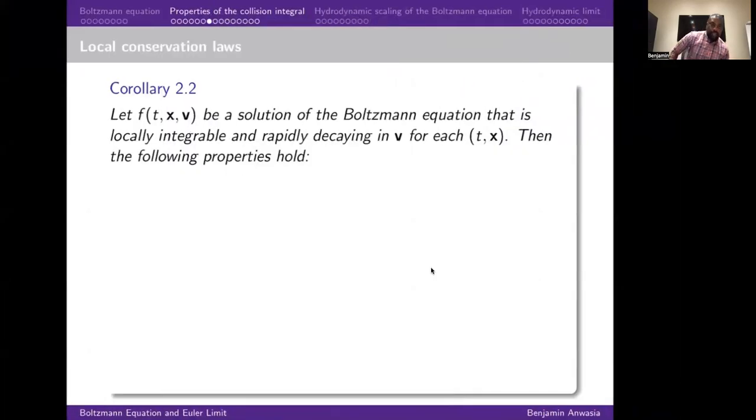The next property of the collision operator to be considered is given in this corollary.